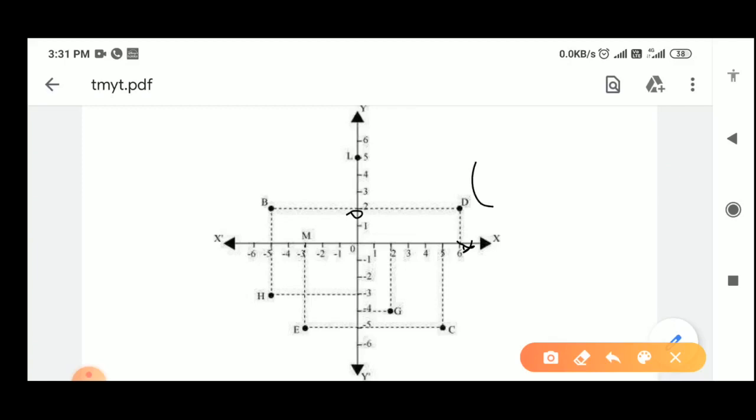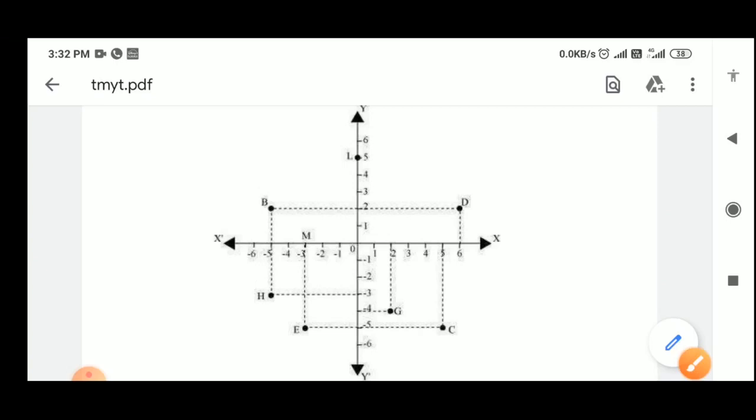So coordinates of D are 6 and 2. Then H: x coordinate is -5 and y coordinate, see this dotted line, -3. So -5 and -3.